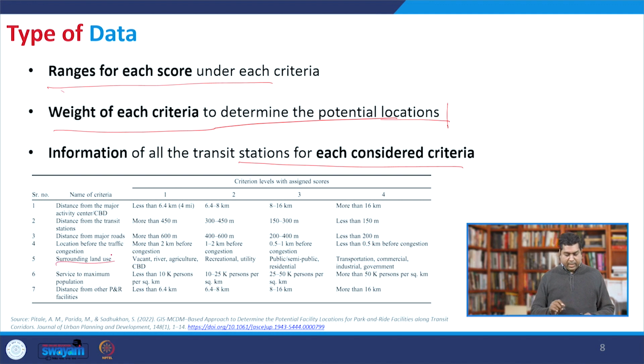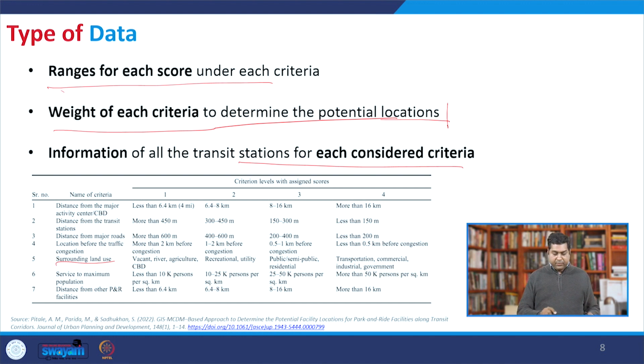Surrounding land use can play a crucial role. Then service to maximum population, and distance from other PNR, because that is something creating a competition. If you have too many parking lots in the nearby area, then definitely the utilization of those will not be uniform, and then obviously there will be underutilization.